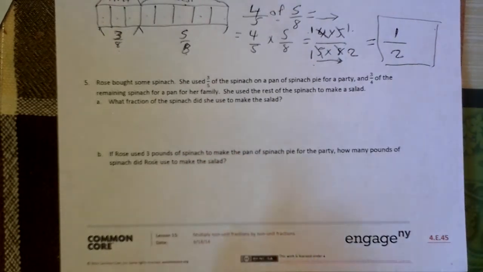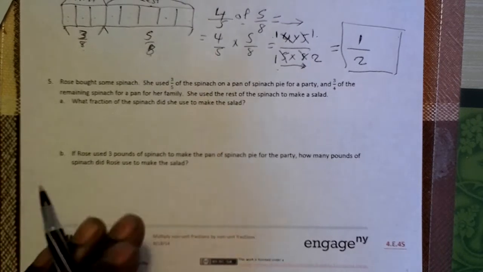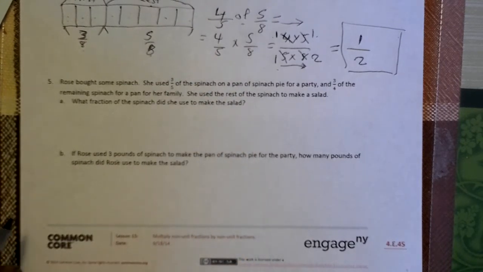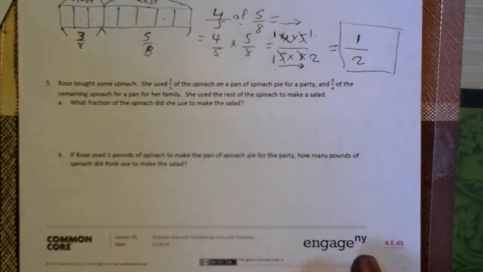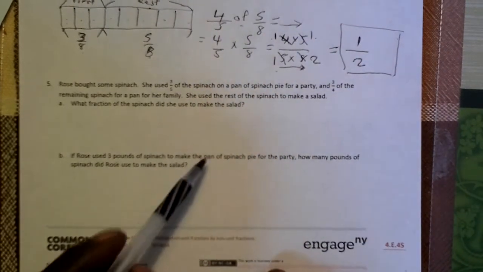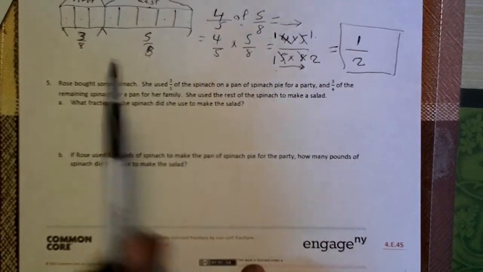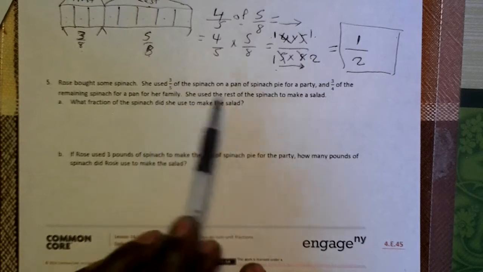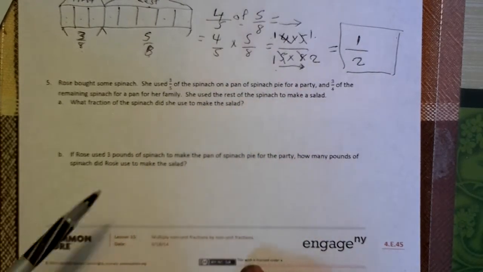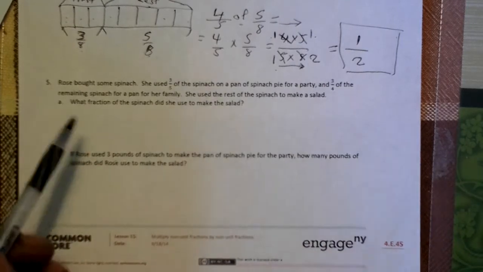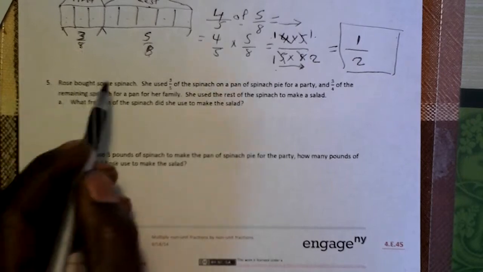But now, this is an interesting question, right? So we're going to use some logic and find this out, okay? Now, we have to label this a lot, so we need to draw our tape diagram big. Before you draw yours, watch me draw mine, and you make it the same size, okay? So let's read the question first. Rose bought some spinach.